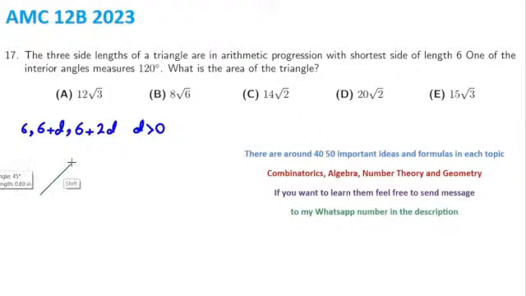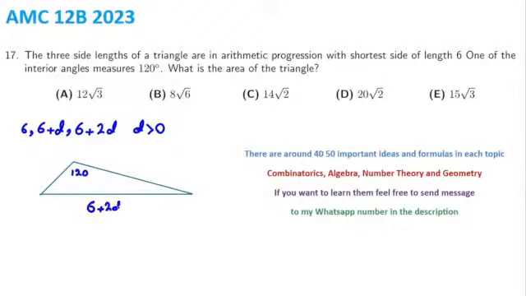So it will be like this, for example. Okay? So this angle is 120, and it will be opposite the largest side, because the largest side is opposite the largest angle.